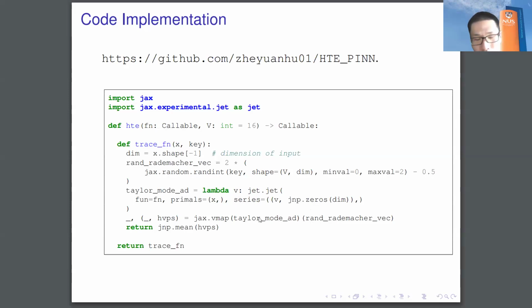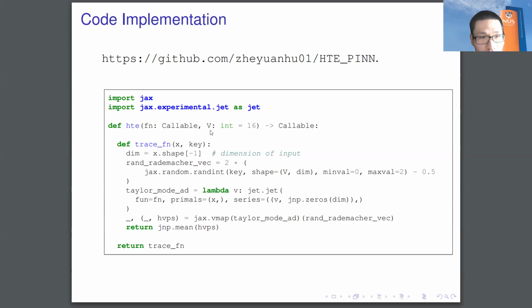I understand that you may not understand why we can compute it directly via jet, but it is actually explained in the JAX handbook. I just want to show you that the implementation is very, very straightforward. It can be plugged in, and with this code part, if you want to solve some high dimensional PDE, you can just use this part. Also, I provide the full code in this GitHub repository.